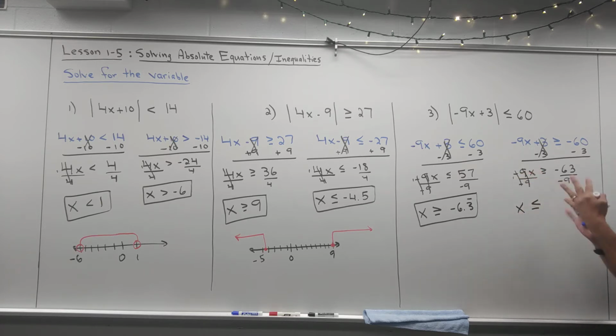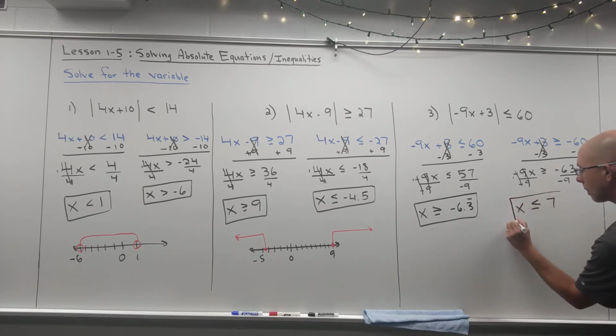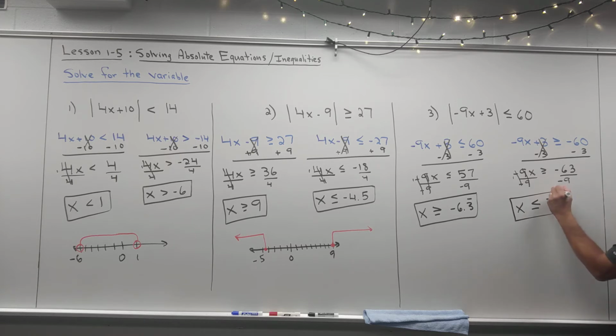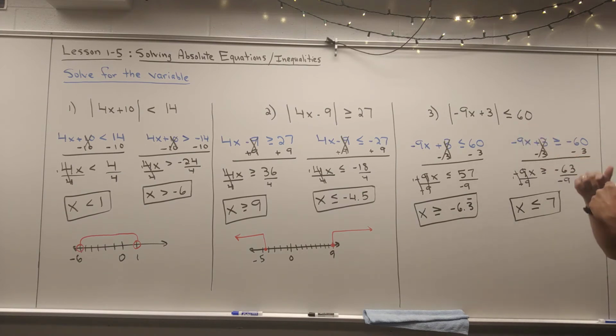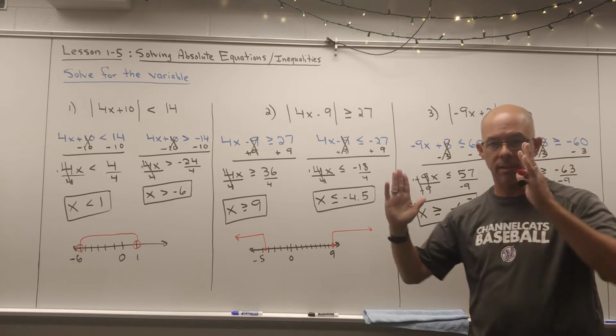Switch the sign. I just divided both sides by a negative. Folks, that's positive 7. Negative 63 divided by negative 9, positive 7. And we'll find out how this all works out as I go to plot it on my number line. I'm expecting them to come together because the original was a less than, meaning distance is less. Get together.